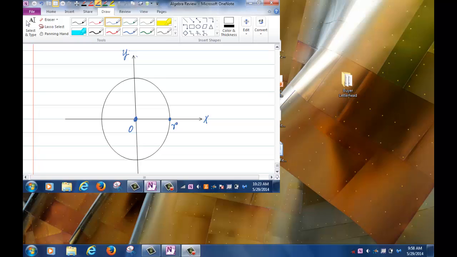And let's say I have an angle, and the angle is the angle theta. Let's say the angle theta is basically this angle here, even though it may not be this, because if you have an angle, the initial side is always the x-axis.